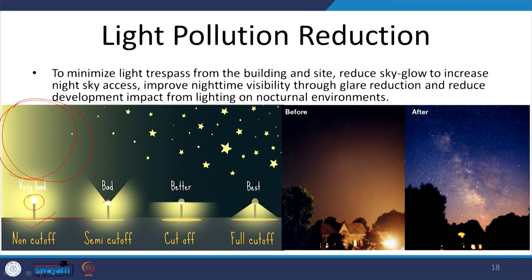So, they have partially cut it off. In this case it is reasonably good, it is better than the previous two cases, but the best is this where the cutoff is full and the light is available only on the ground. So, the night sky visibility is full.